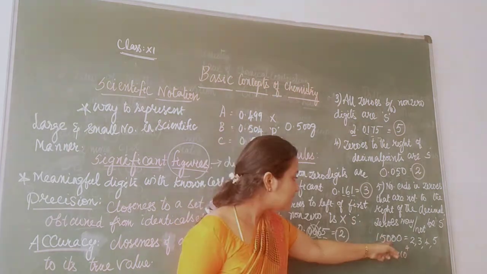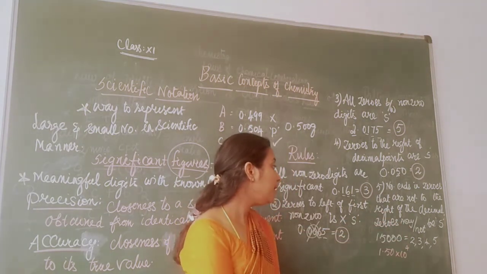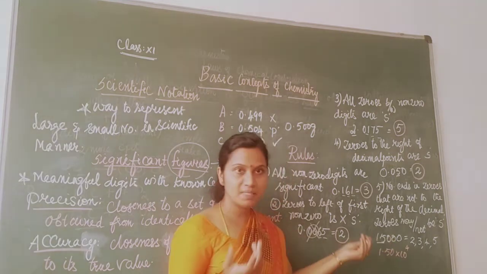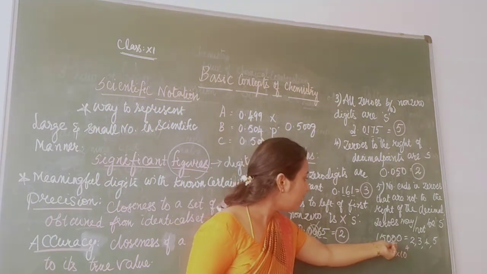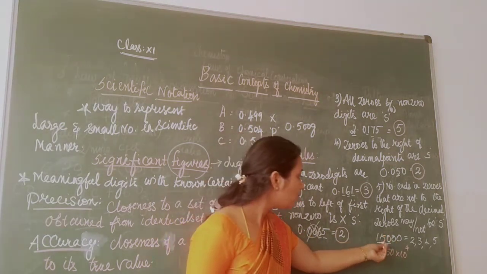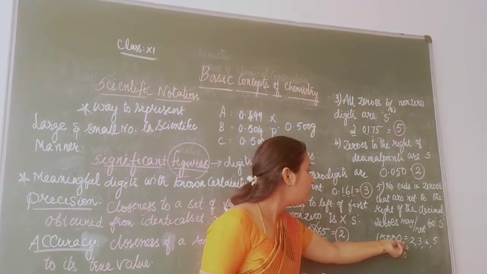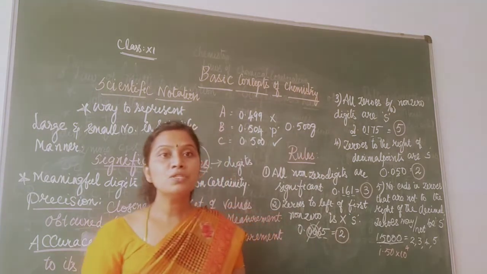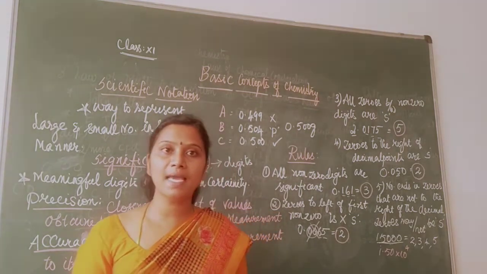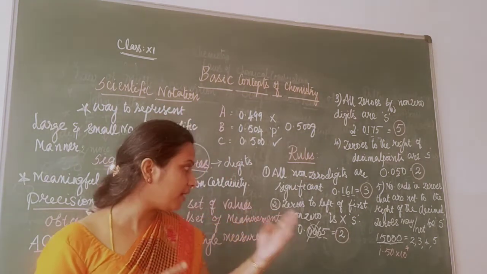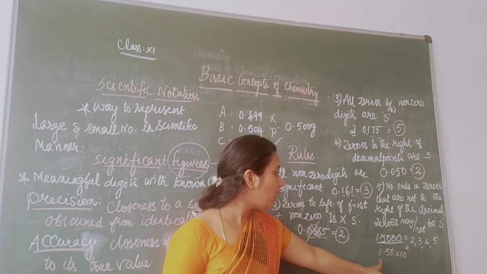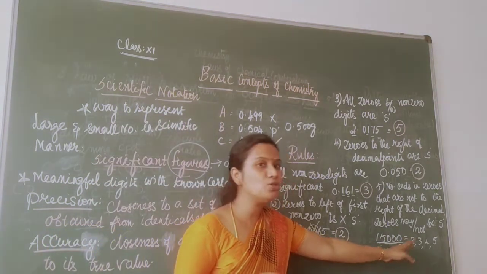So I can consider this value as maybe 15 being significant, or 150, 3 digits, can be significant, or 1500 may be significant, or 15,000 can be significant. So here the number of significant figures can be 2, 3, 4 or 5. I can write them as 1.50 × 10^4.